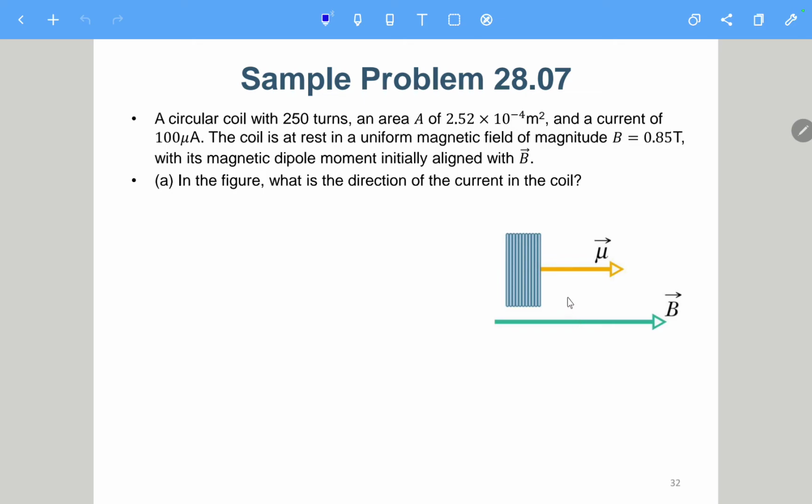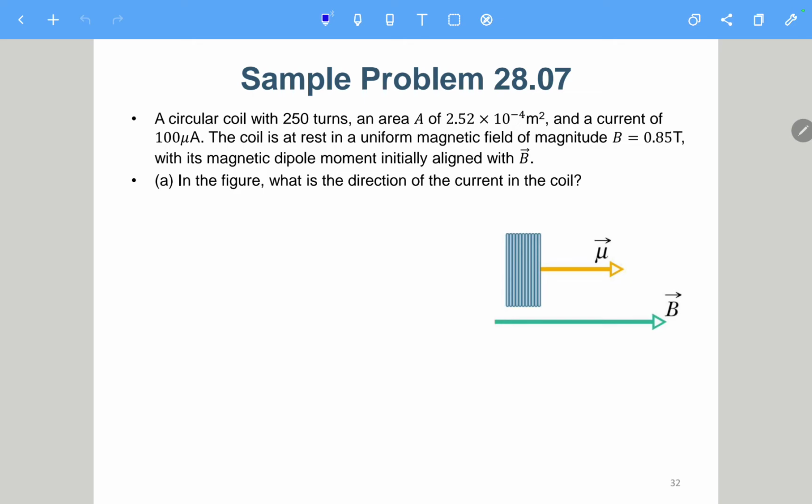Okay, so here, of course, we should use the right-hand rule to determine the direction of the current. As I mentioned, if we know the direction of the current, we can use the fingers to follow the current, and then your thumb will point in the direction of the normal vector and also mu. So here we know mu.